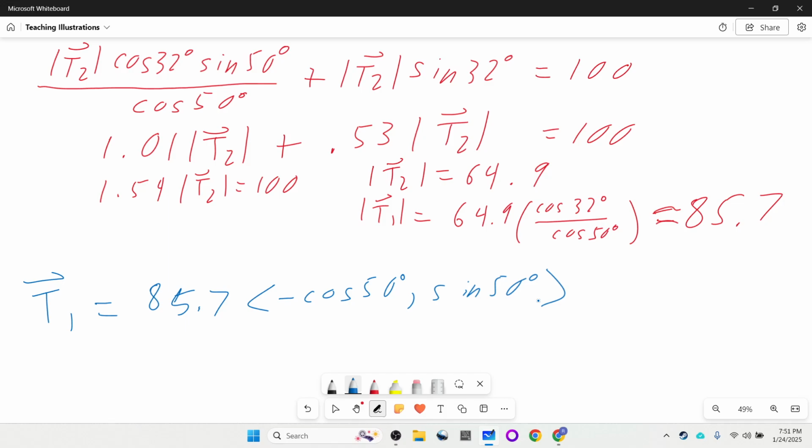So this would be negative 55.1, and sine of 50 times 85.7 would be 65.7. That's T1.